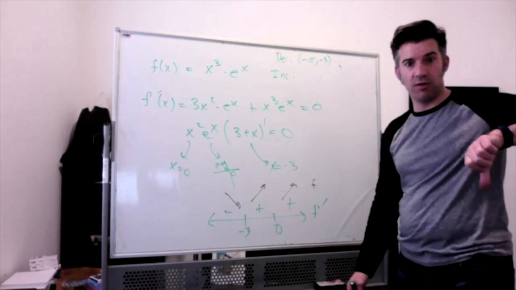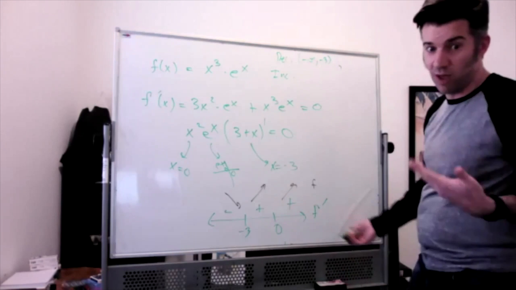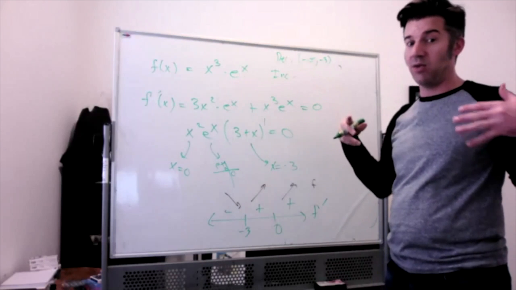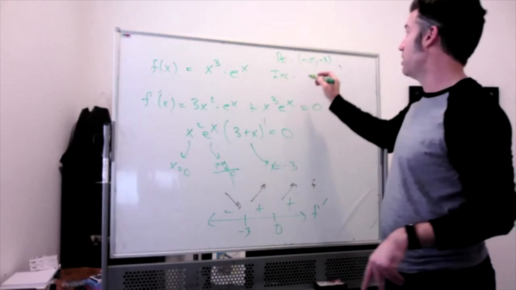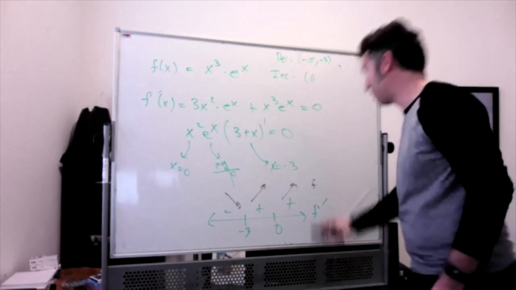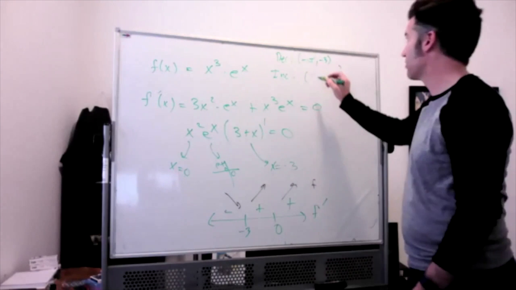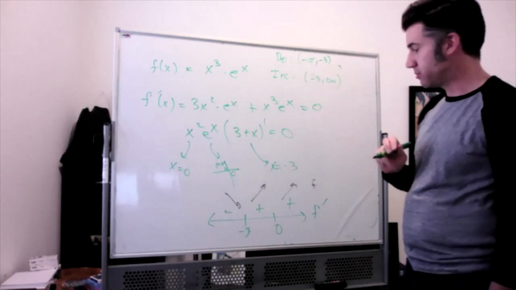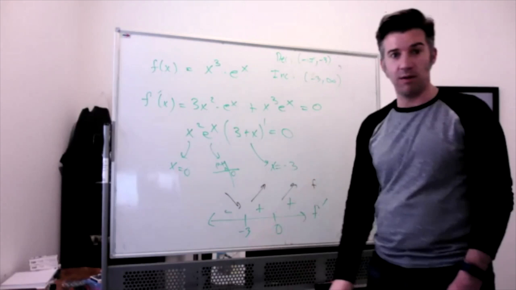No, don't break it up. It's defined at 0, so we have to include 0 and say it's increasing from negative 3 to infinity. And finally, we have a relative minimum at negative 3.